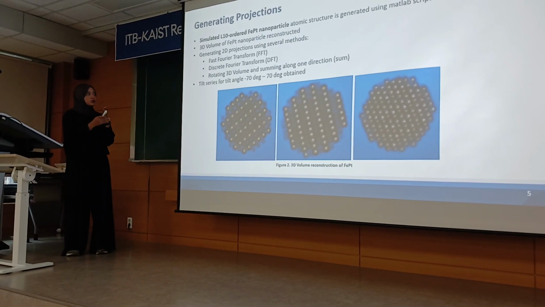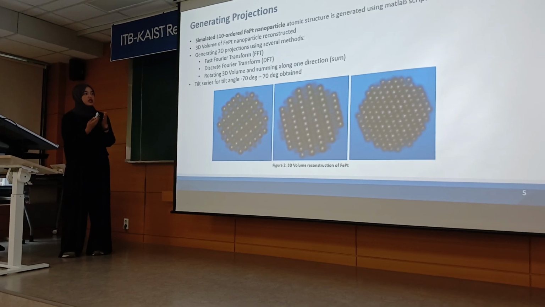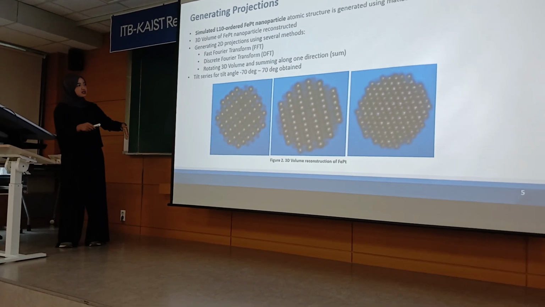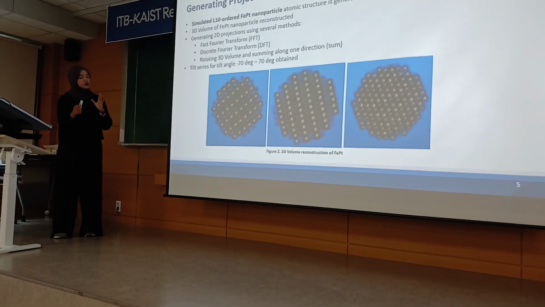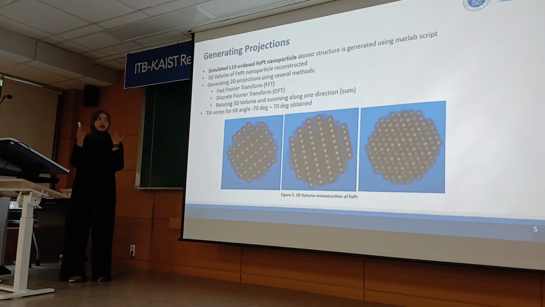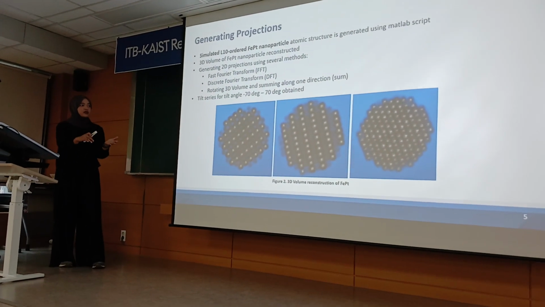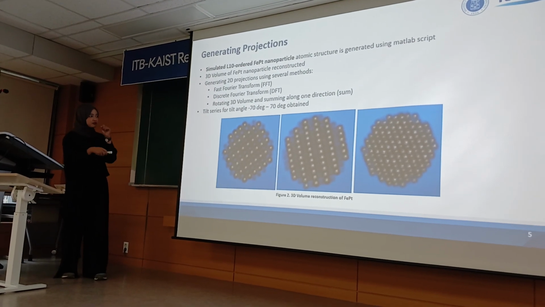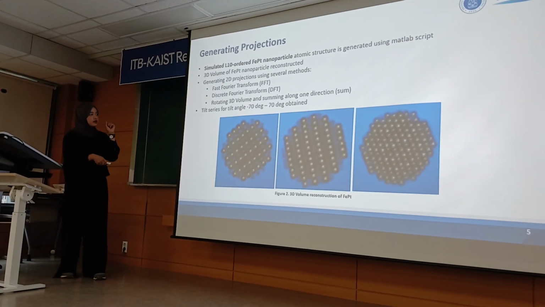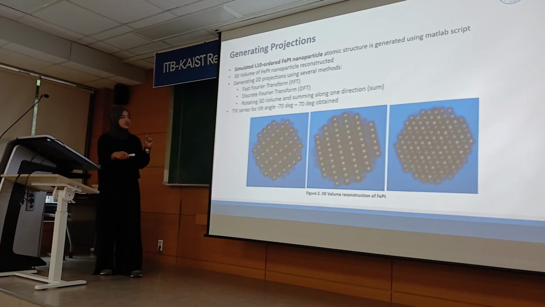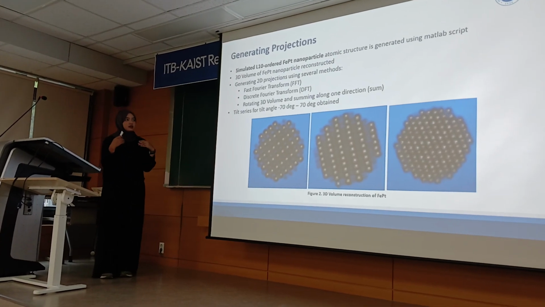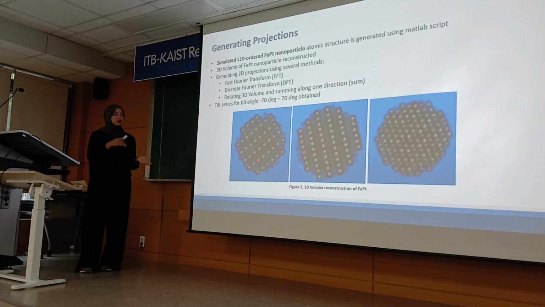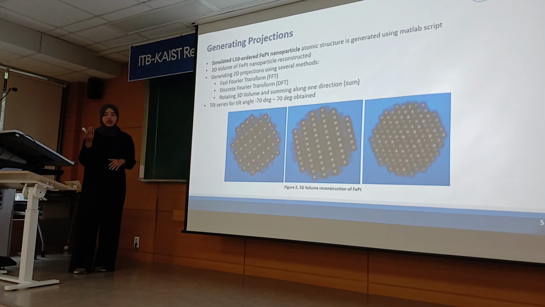Then I generated the two-dimensional projections using one of three methods: FFT, DFT, and rotating the 3D volume and summing along one direction, which in this presentation I will call sum. And we can make the tilt series for many angles. In this case, I made the angles from minus 70 degrees to 70 degrees with a 10 degree interval.